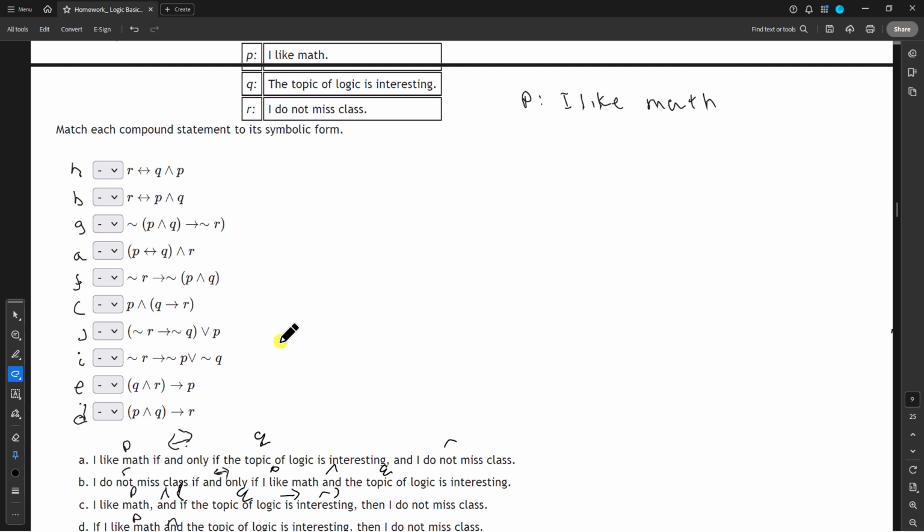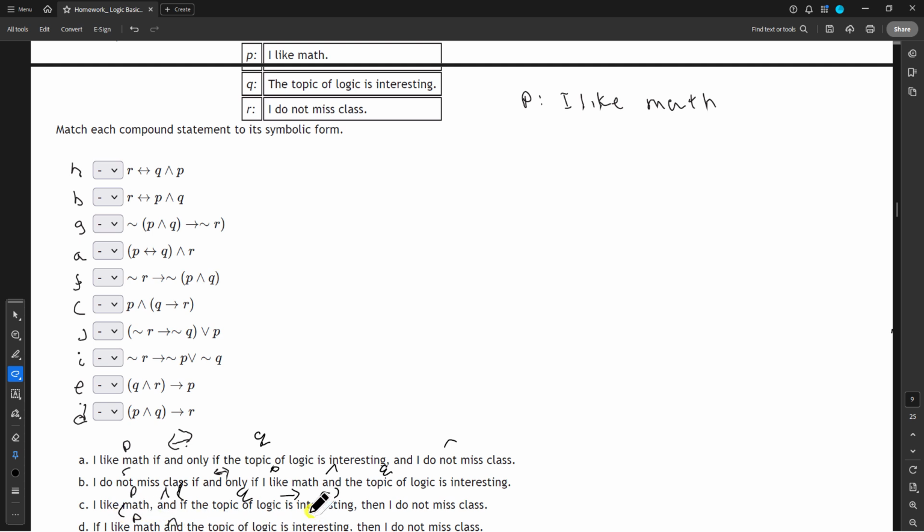And then I'll do this one here. So I like math, and the topic is interesting, so that's a P and Q. So it says that if I like math and the topic is interesting, then I do not miss the class. So I have all this in parentheses here, it looks like.